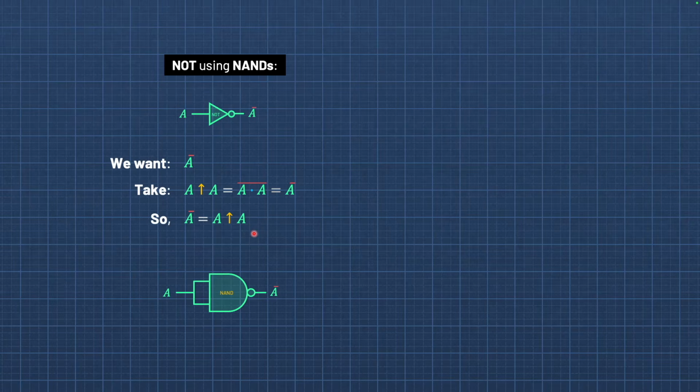I am going to start now on the right-hand side here. I'm going to start listing everything that we have been proving so far, right? So if I just prove that not A is A NAND A, I'm going to leave right here this not using NANDs. We just came up with this final solution because, look, chances are we're going to use this thing that we already found in future proofs as well, right?